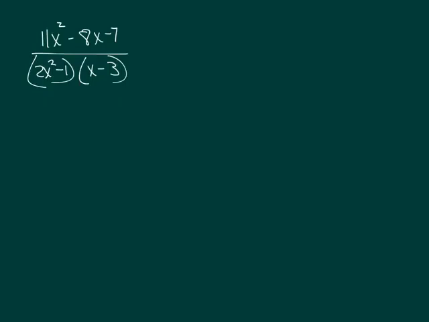Remember how we had a over 2x squared minus 1, and then b over x minus 3. There's a little tweak we need to do because that's not linear. Whenever we have something like 2x squared minus 1, we have to put our numerator as ax plus b, which means this is going to have to be a c.